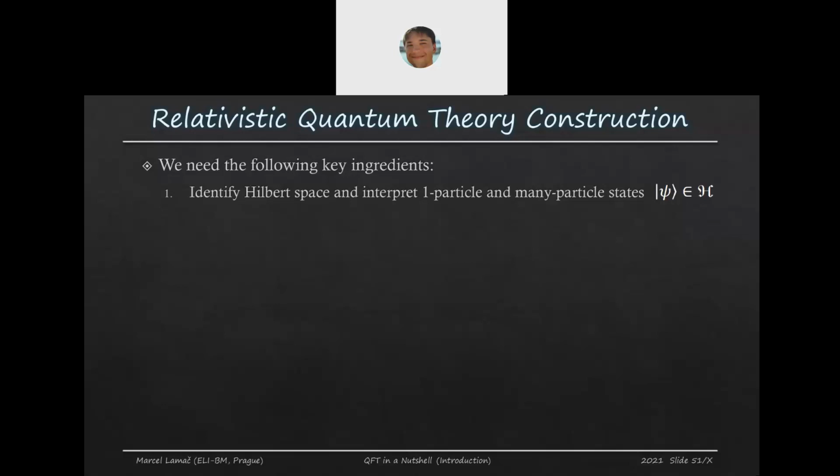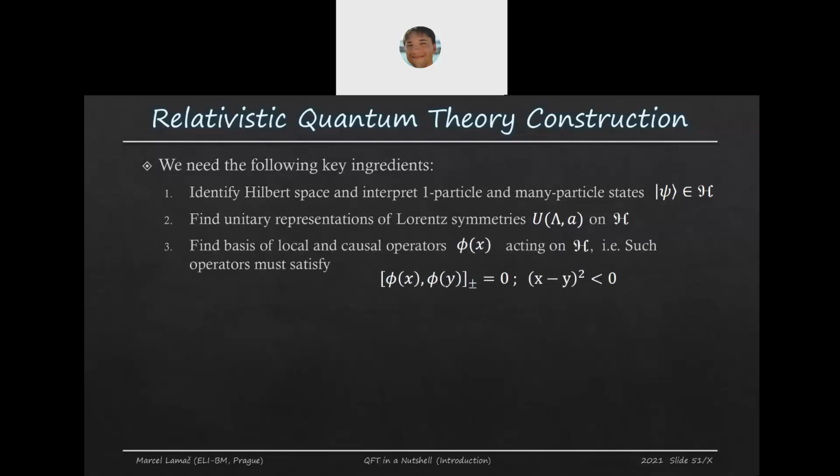But since we are specifically describing relativistic quantum theories, we also need to find representations of Lorentz symmetries that are acting on the states in the Hilbert space. And we need to find a basis of local and causal operators that are acting on this Hilbert space. Such operators will form the basis of the physical observables.